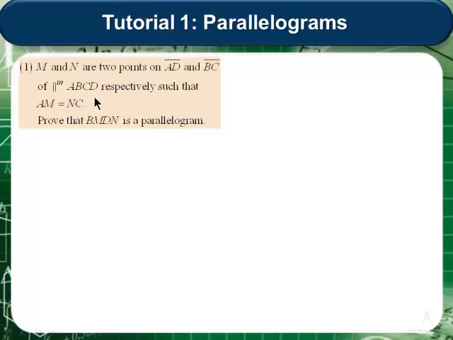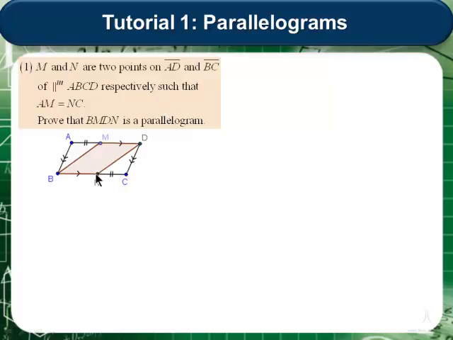In the first problem, we are given that M and N are 2 points on AD and BC respectively of parallelogram ABCD. So we know that ABCD is a parallelogram. In other words, the two pairs of opposite sides must be parallel.